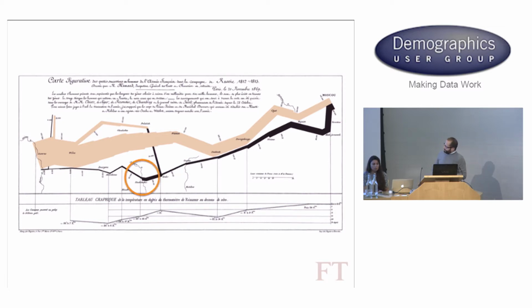On the retreat, when the army got to the river Berezina, something terrible had happened, which is that the bottom of this map shows the temperature during the retreat, and there'd been a very gentle thaw. All the way through the retreat, it had been bitterly cold, but there'd been a thaw just before they got to the river Berezina.